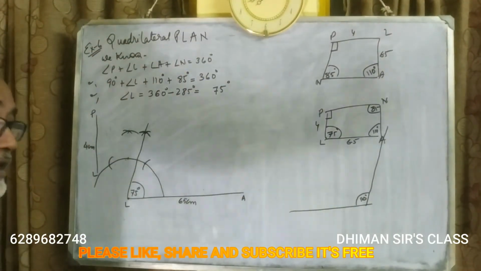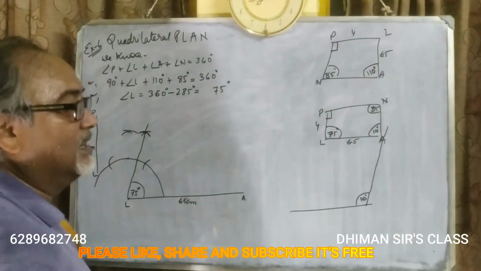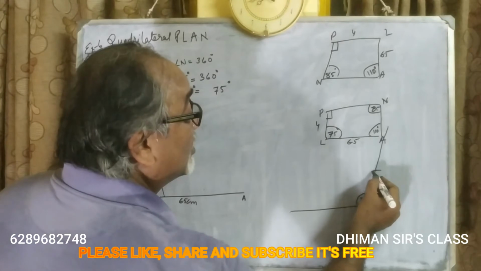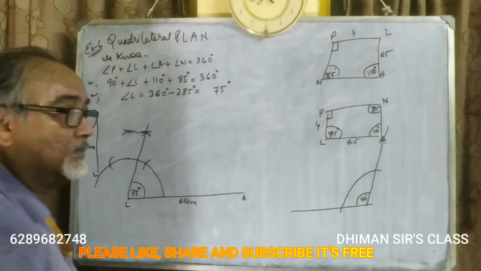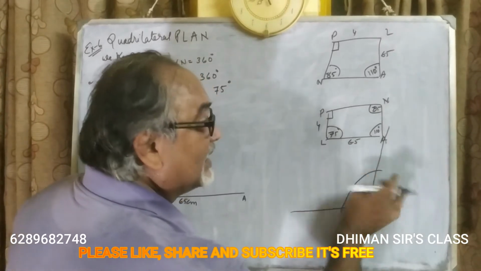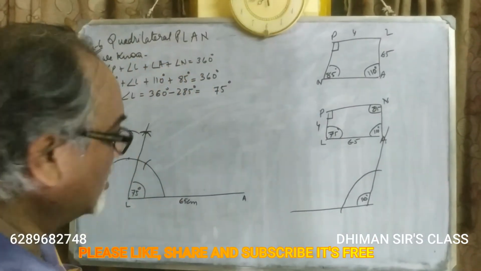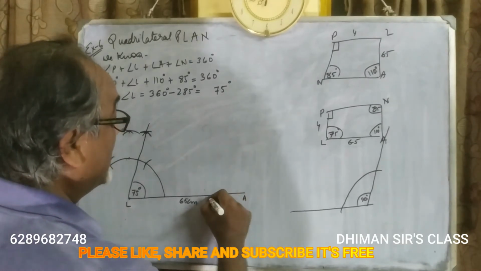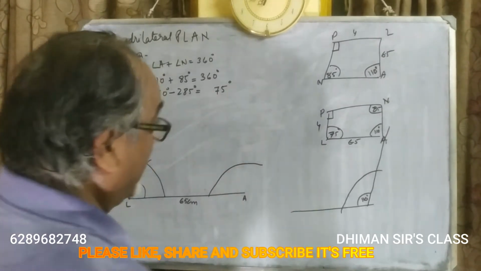Okay. Now take your pencil compass in your hand. Put the needle here, draw an arc like this. Any measurement. Put the needle here, draw an arc like this. Any measurement. Got it? Now don't change it. Put the needle here, same mark like this.